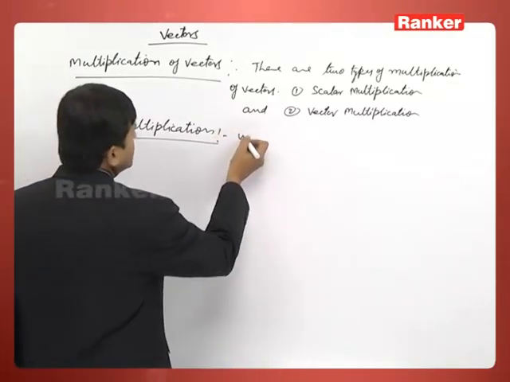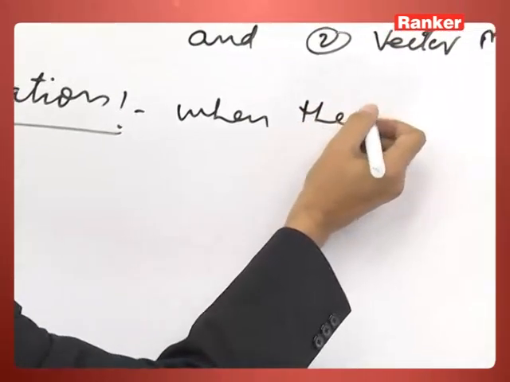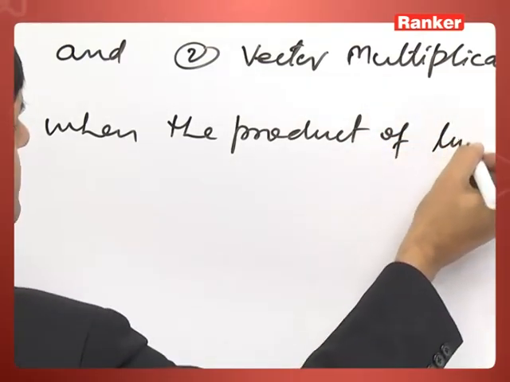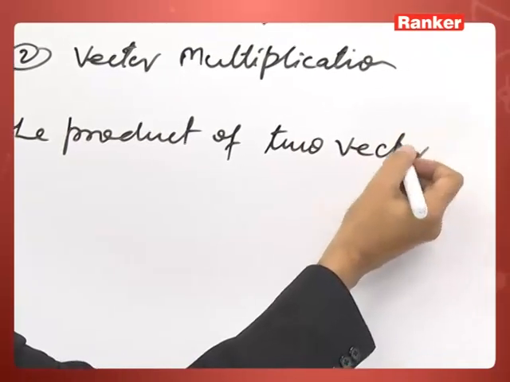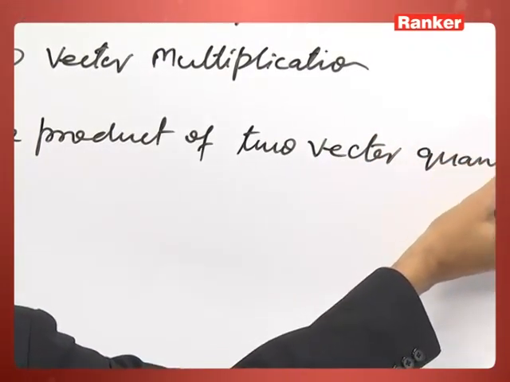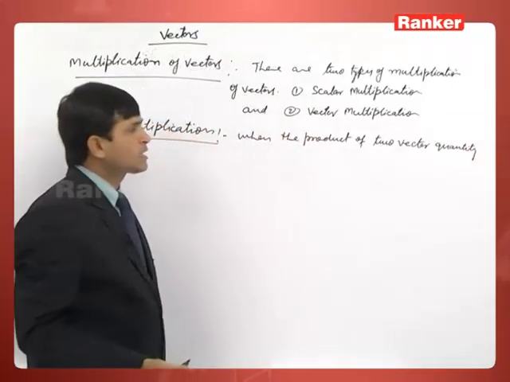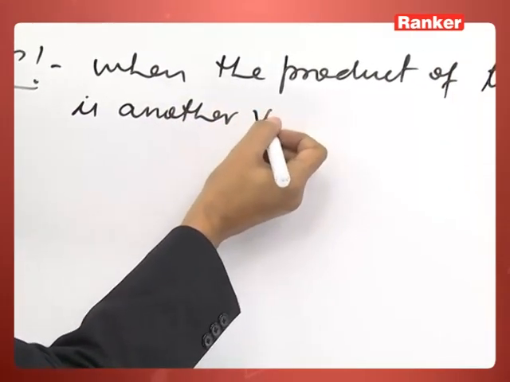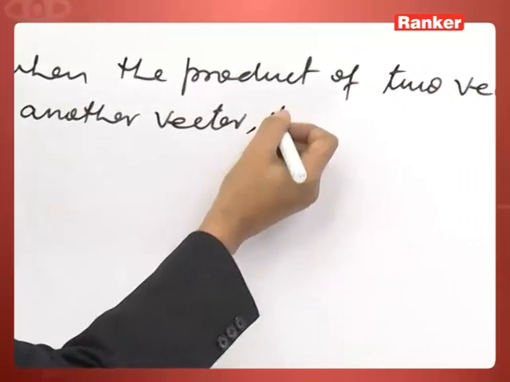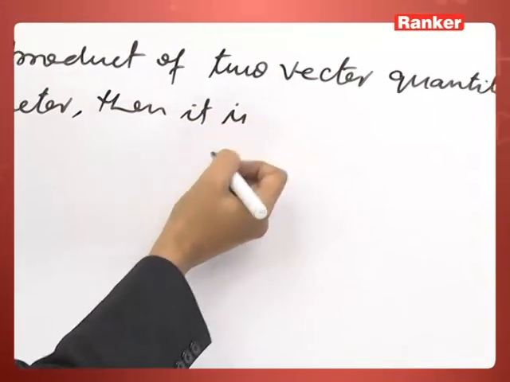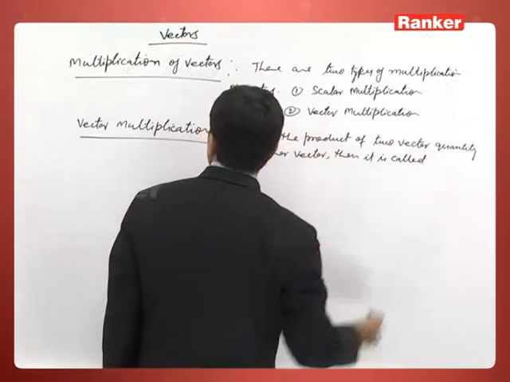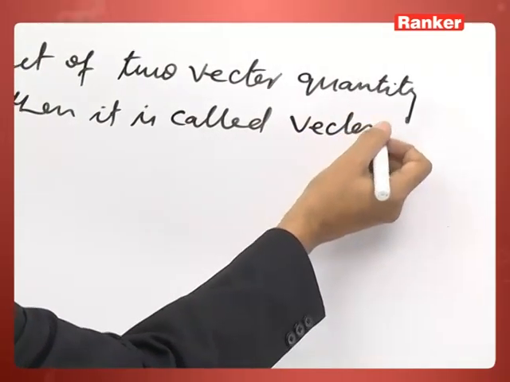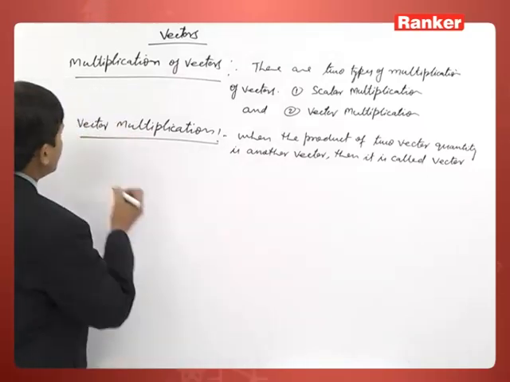So, when the product of two vector quantities is another vector, then it is called vector multiplication.